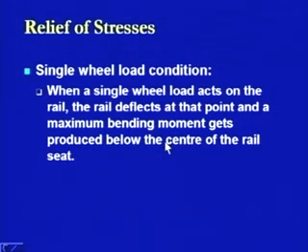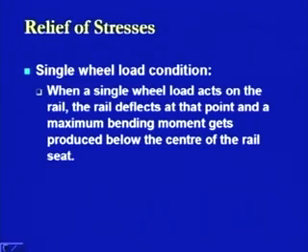Now, here there are two types of conditions which can be there. One is that there is only a single wheel load coming from the top, which is the most ideal condition, otherwise it does not happen in actual tracks, because on the tracks we have the moving rolling stock, which is a combination of different moving parts, that is locomotive and wagons.